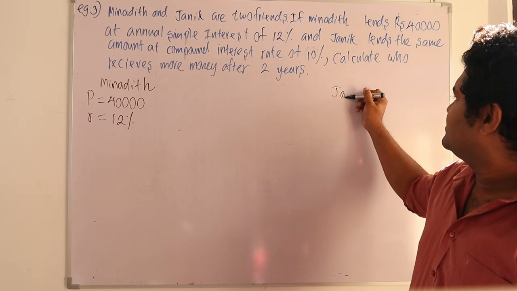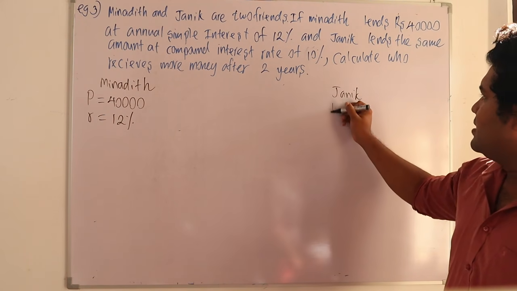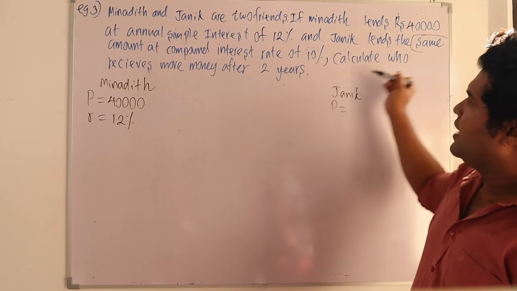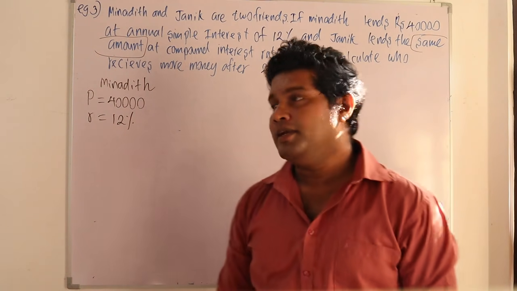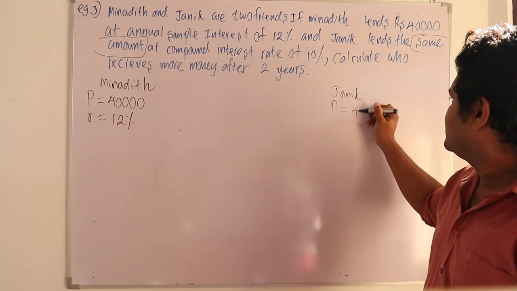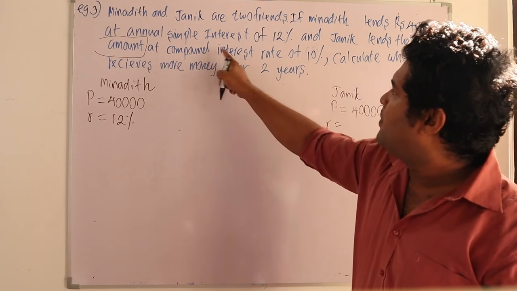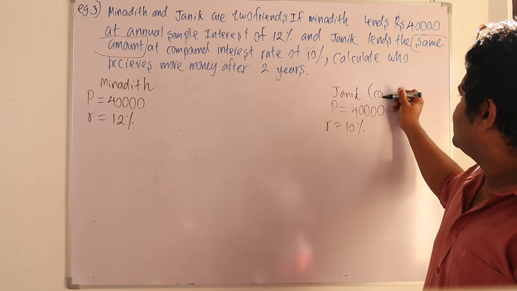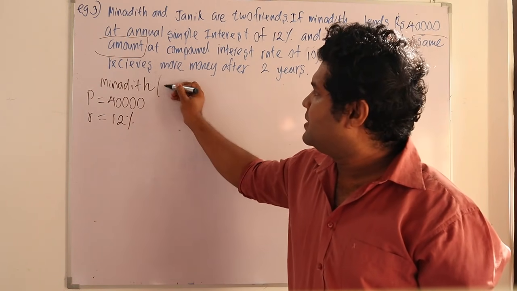So Janik, don't forget the same amount. What do you mean by same amount? So 40,000 at the compound interest rate of 10%. So compound, and the simple.